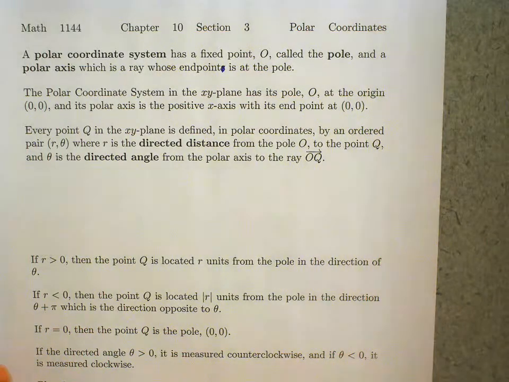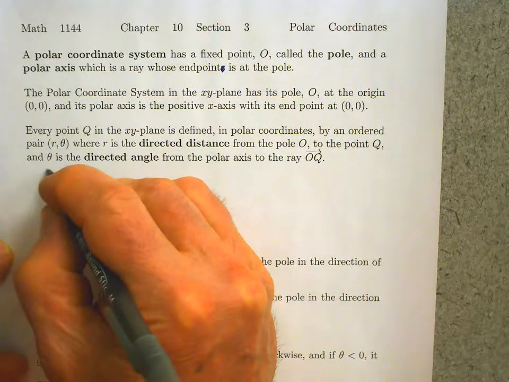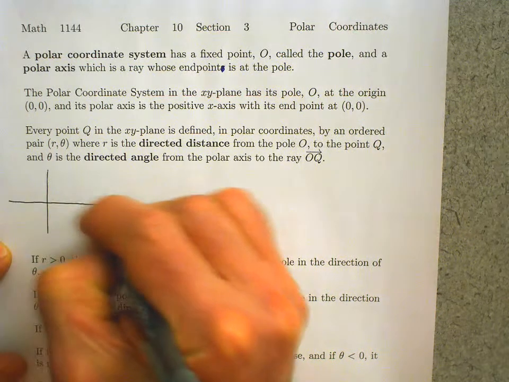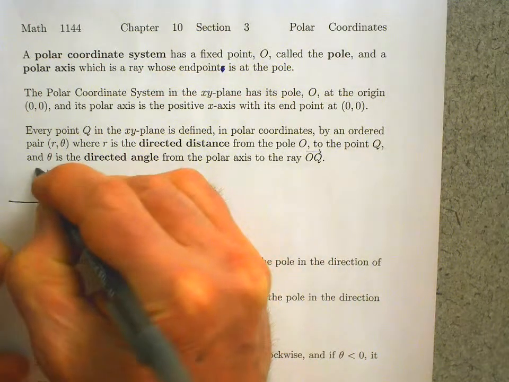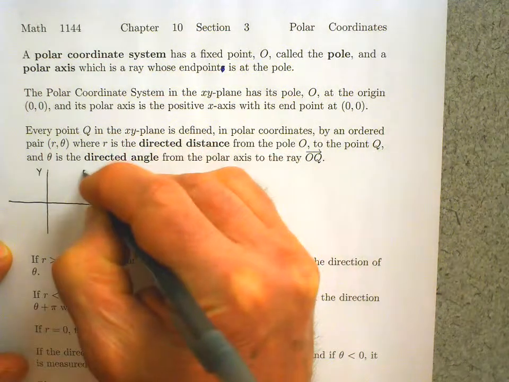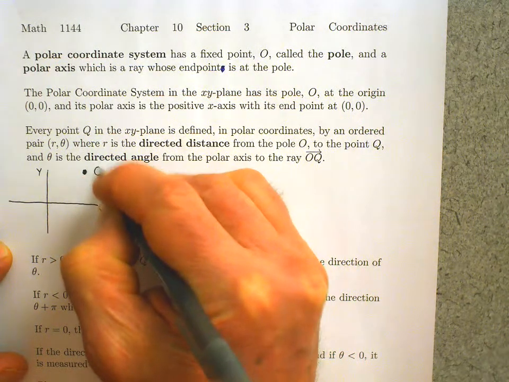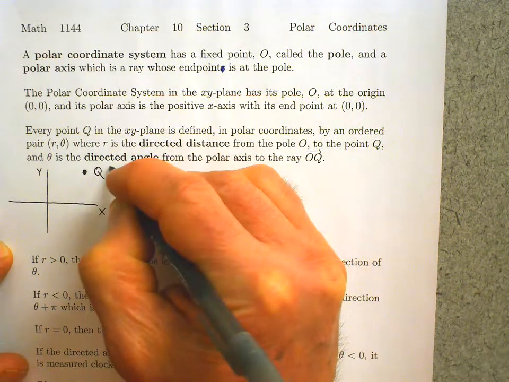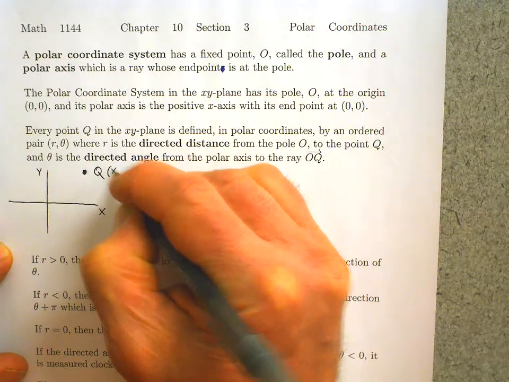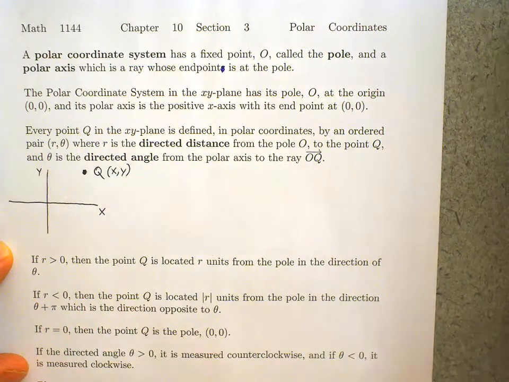So to draw a picture of that in the xy plane, if we just pick a point, call it Q, with x and y coordinates.